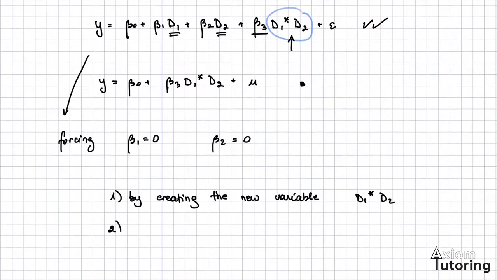And the second method is the double hashtag method. In the double hashtag method, when you use the syntax of Stata, you do not include the single variables, d1 and d2, separately, but you write d1 double hashtag d2, because that's how Stata syntax works.